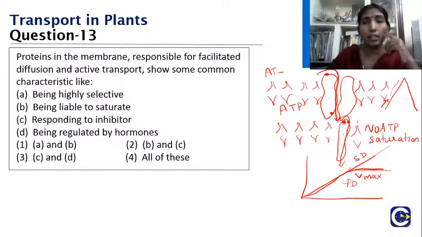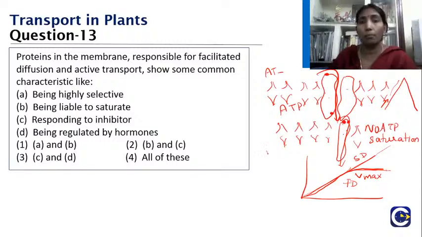Another thing, they are all regulated by hormones as well as they can be inhibited. Since they are channel proteins, you have a lot of inhibitors. Like we have sodium potassium pump blockers, potassium channel blockers, so many blockers. These blockers can very well block.